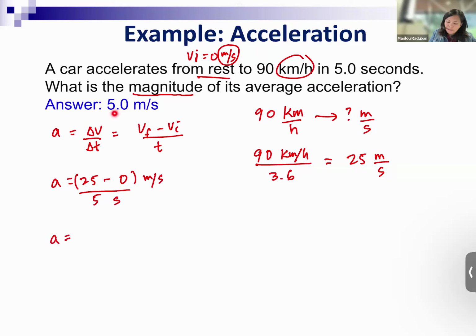And you should get 5 meters per second squared. So there should be a correction in the unit of the answer there. The unit for acceleration is meters per second squared, right? Any questions?